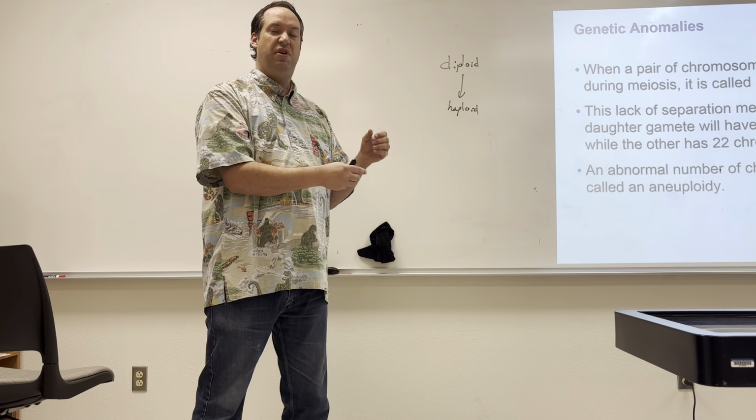This is non-disjunction in meiosis 1. Here's non-disjunction in meiosis 2. This is typically what we'd think of. So these have the normal number. That one's down one, and this one's got one too many. If you have only one of the pair, it's called monosomy. If you have more than two, so if you have three, it's called a trisomy.